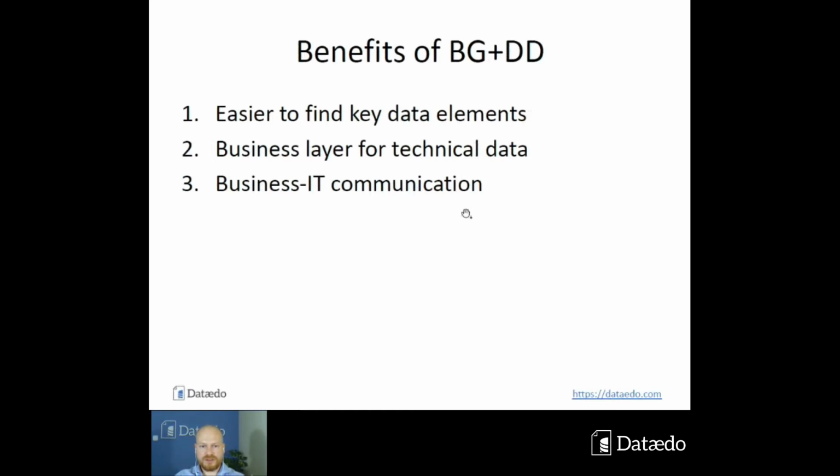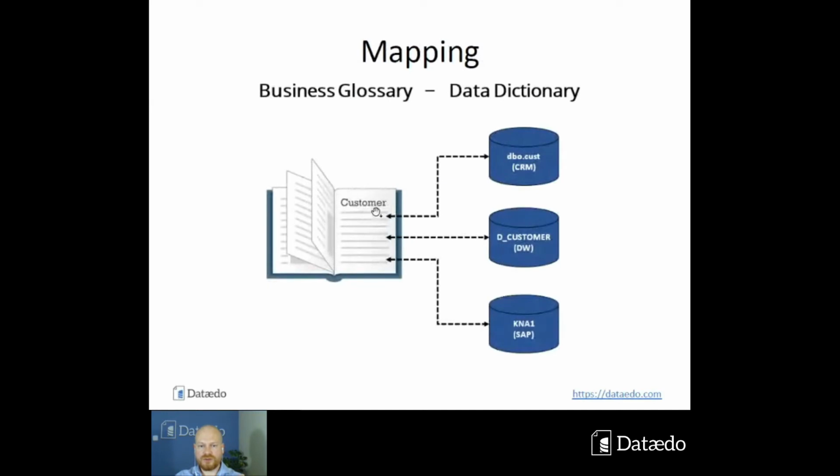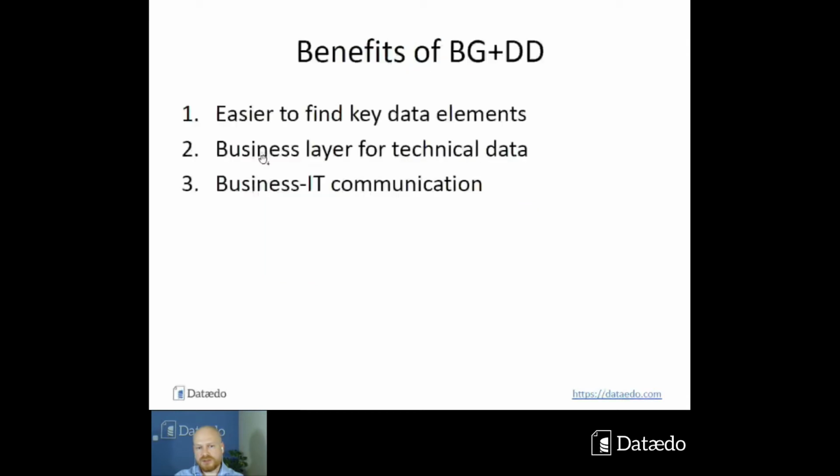First benefit is to find what your key data elements are in the databases. So let's say customer, you can easily find it located without having to go through all the 20,000 tables or so. It works the other way around as well. Business Glossary provides an additional layer of metadata on top of the technical metadata.